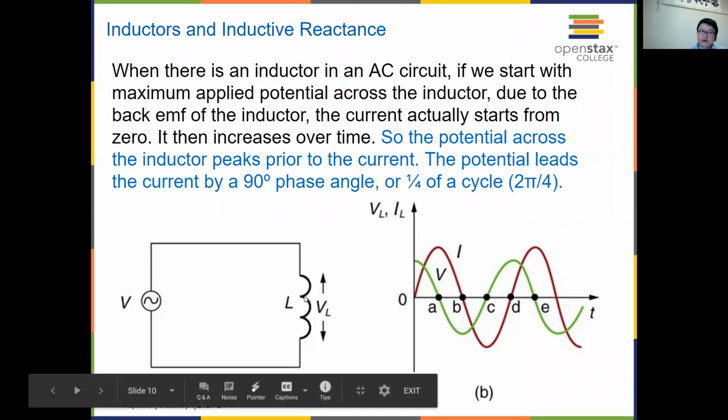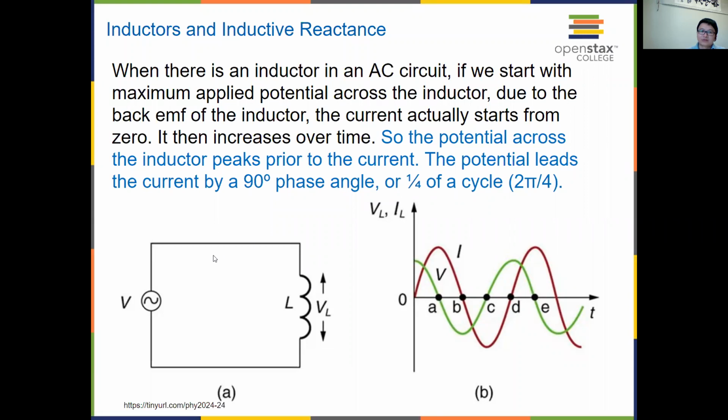So this inductor will have an opposing effect. Due to that, if you supply voltage across it, the current response has a lagging effect, because the inductor opposes the change.